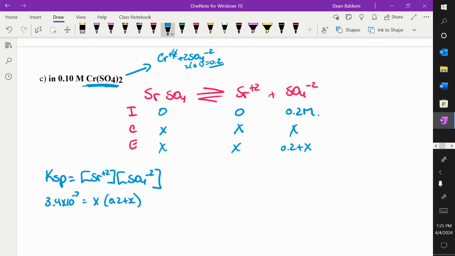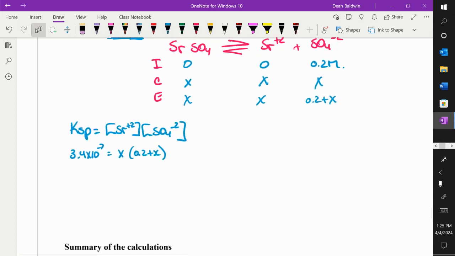So you get to that point: 3.4 times 10 to the minus 7 is equal to X times 0.2 plus X.